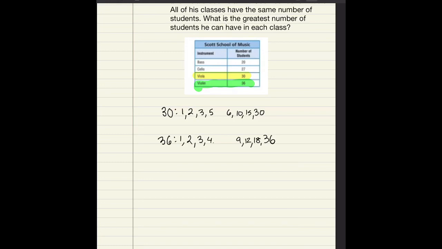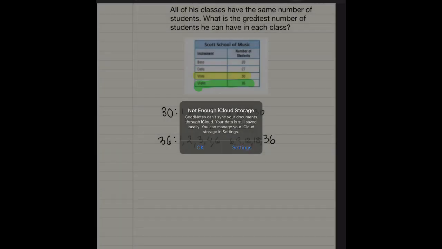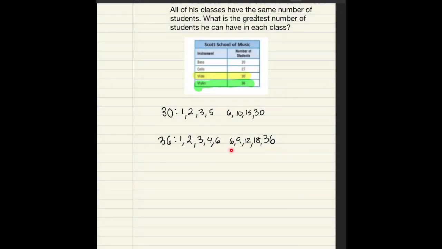And 5 cannot, 6 can, because it's 6 times 6. And since we have two same numbers here, we honestly could just write 6 once, right? But I like to write it because I like to imagine this is being multiplied, this is being multiplied, and these two are being multiplied. But you could just write one 6 if you'd like.